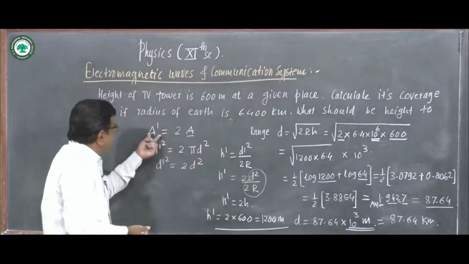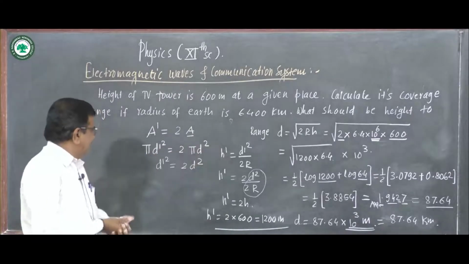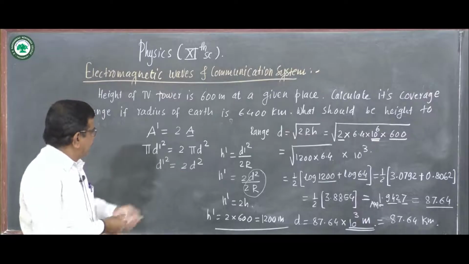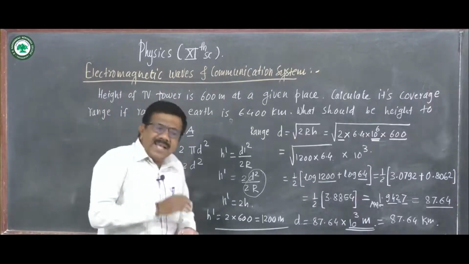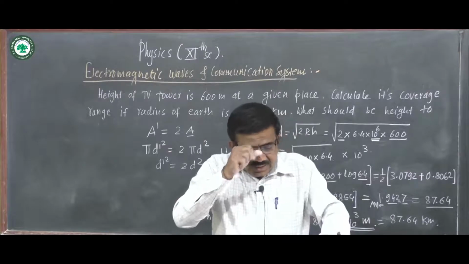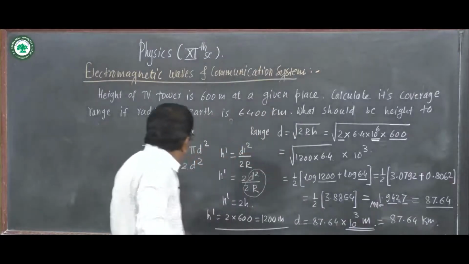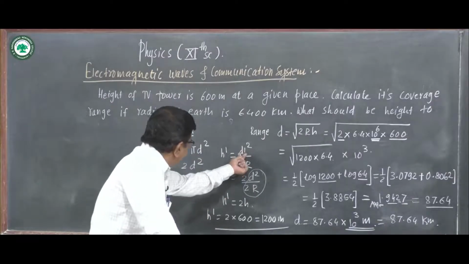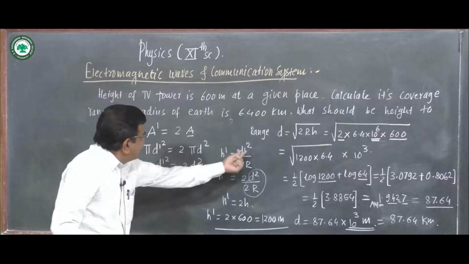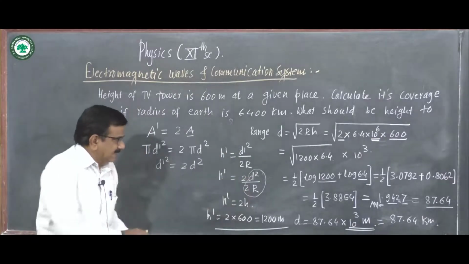See again here, a dash is 2a, pi d dash square is 2 pi d square, d dash square is 2 d square. We get d dash square is equal to 2 into d square, but we know h dash is d dash square upon 2r, but this d dash square here is 2d square upon 2r.